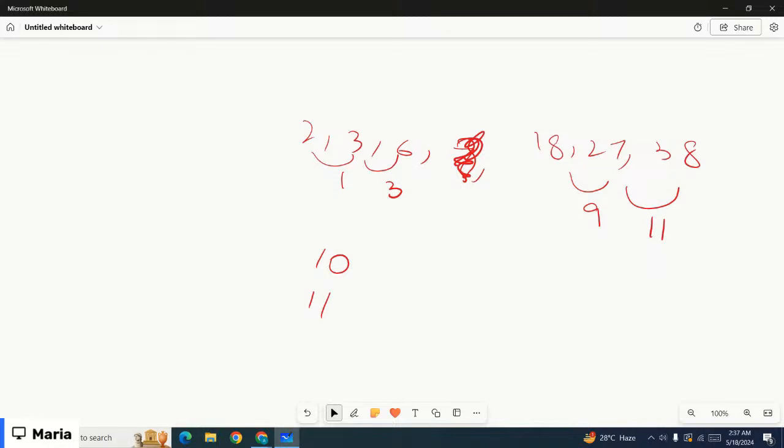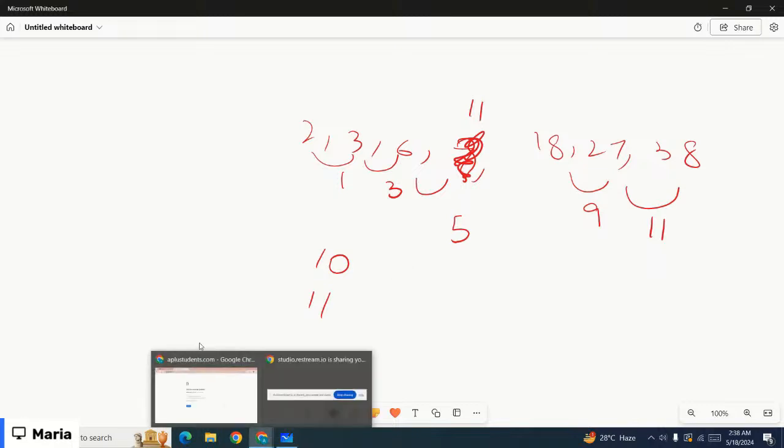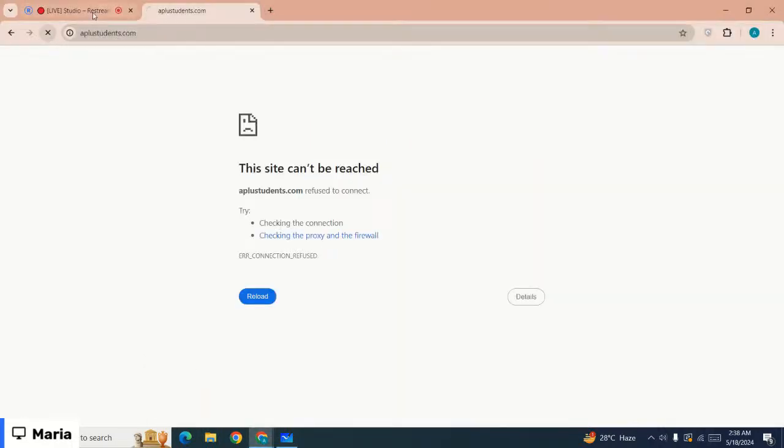So for the missing one, 6 plus 5 is 11. For the next one, you have to add 5, right? Because every time the number you have to add is growing by 2. So that would be 11. The missing number is 11.